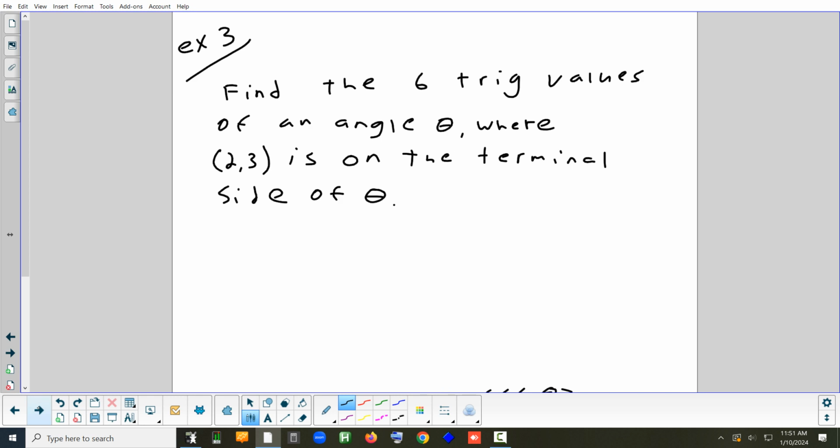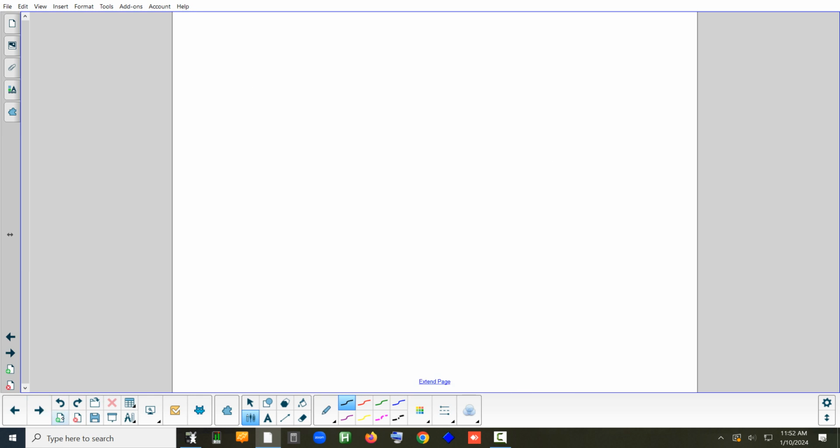It says find the 6 trig functions of an angle where the terminal side goes through the point 2, 3. First, just think of the point 2, 3. Is the point 2, 3 on a unit circle? No. It's past it.